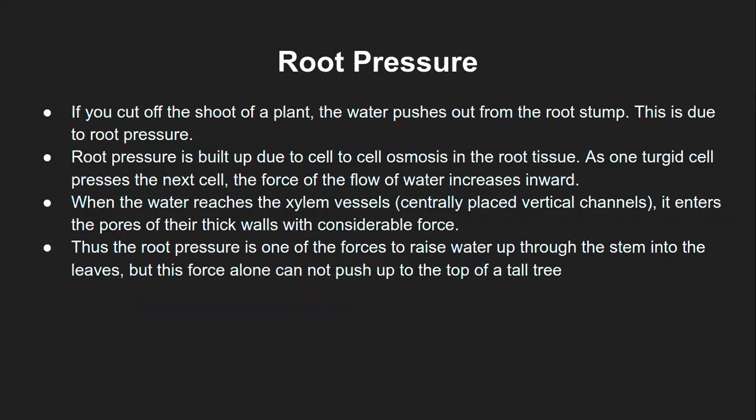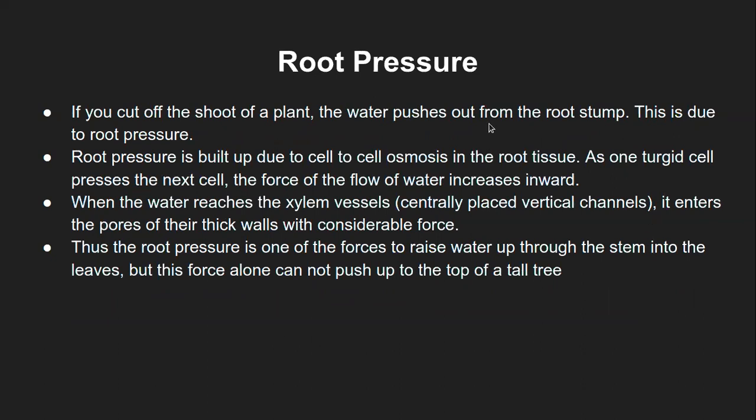Now, the most common thing that we observe around root pressure is that if we chop off the shoot, that is, whenever we cut the stem of a particular plant or tree, the water is still coming out of that root stump. The root stump is nothing but whatever is left over next to the ground when we cut a tree.